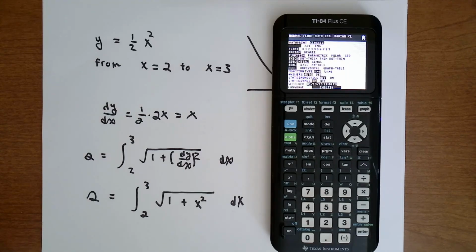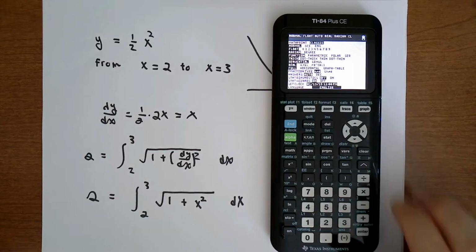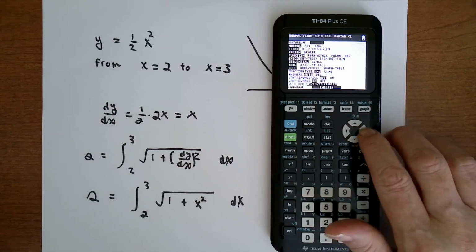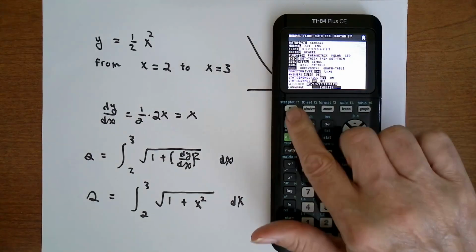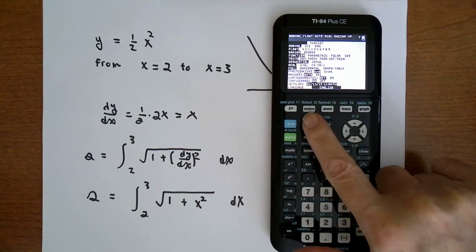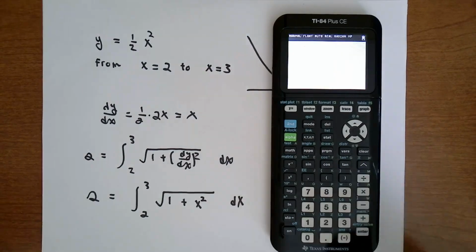I've got classic highlighted. That's what we were just doing. So I'm going to go sideways with my cursor key between classic and math print and select math print this time. So I'll say second, quit to get out of this.